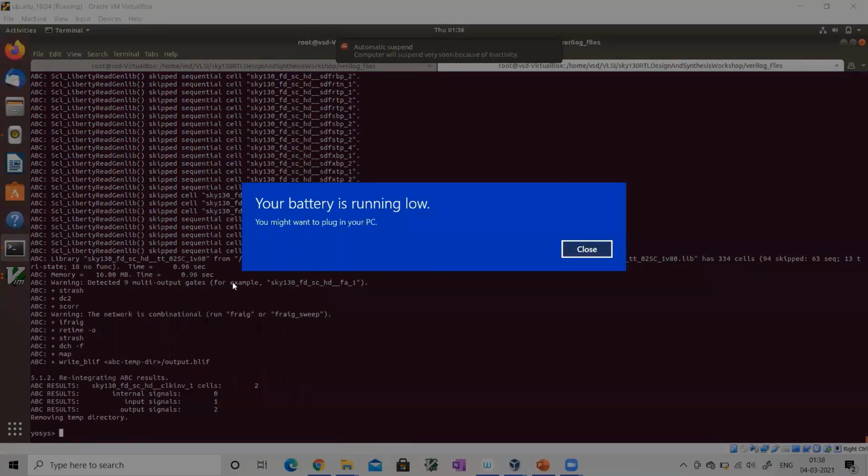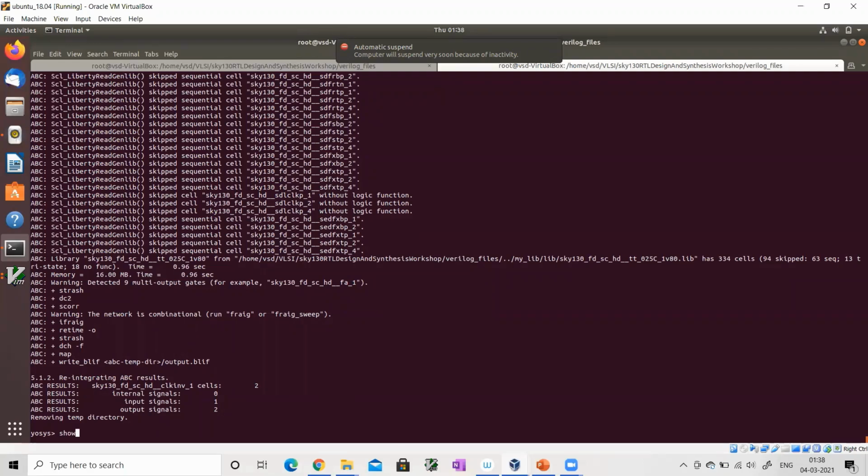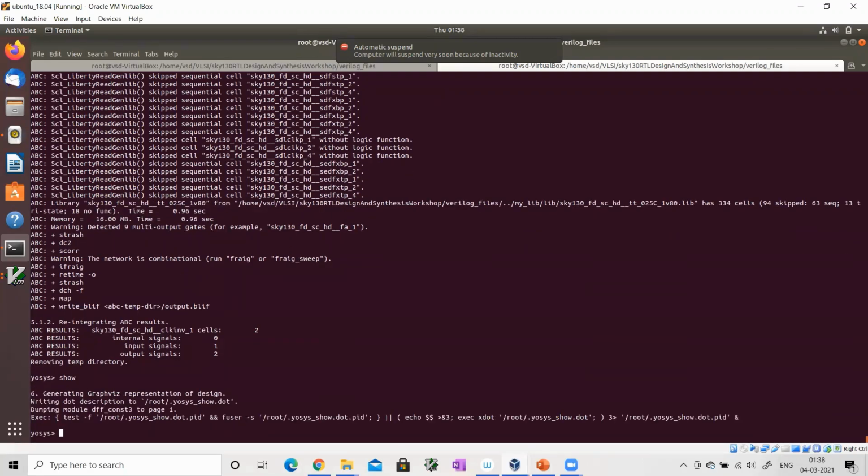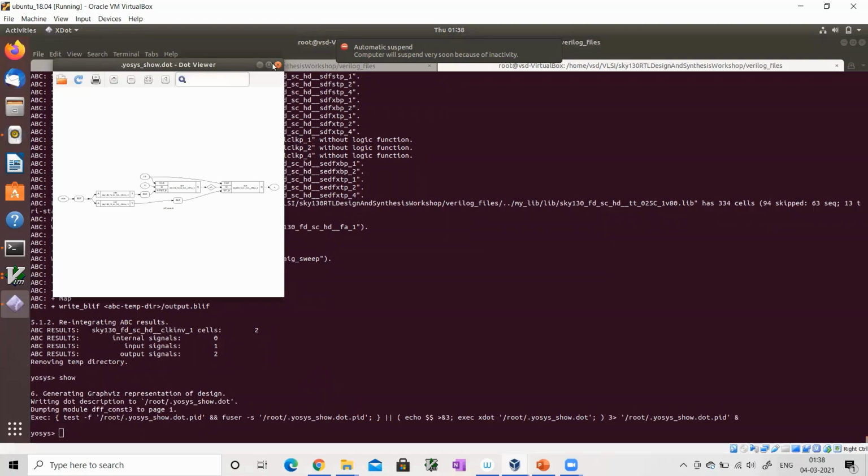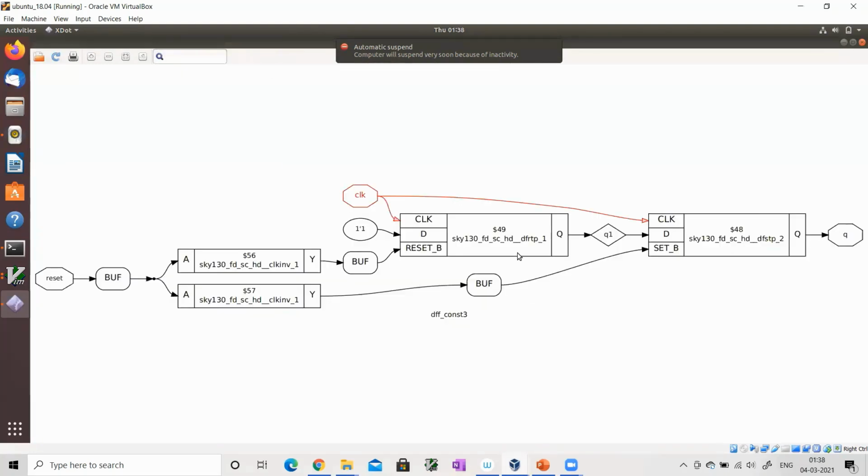Let's do a show and check. Yes, we can see that the flops are being mapped. So we are able to see the DFF now.